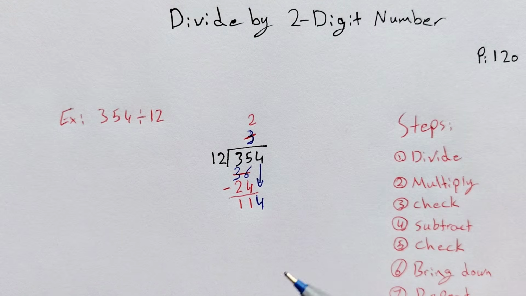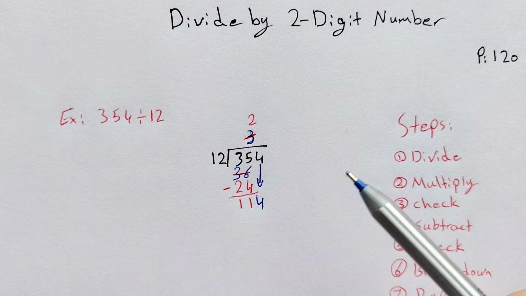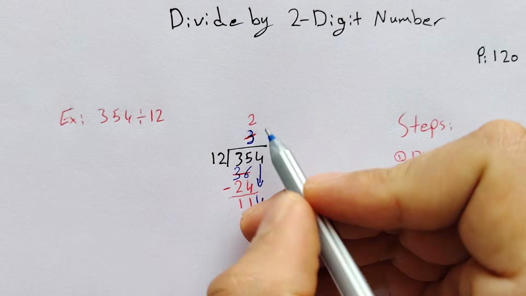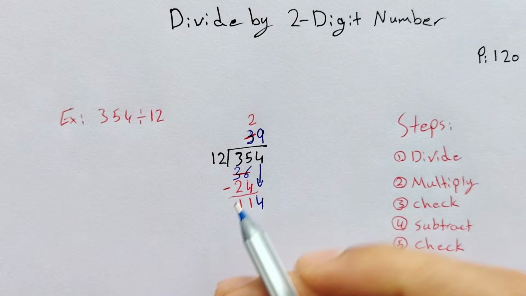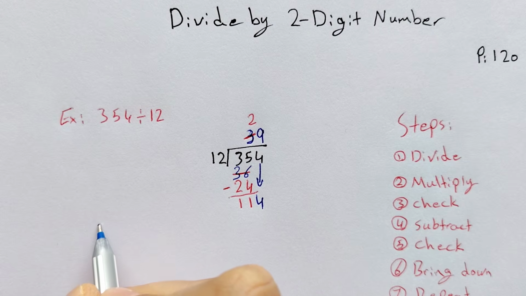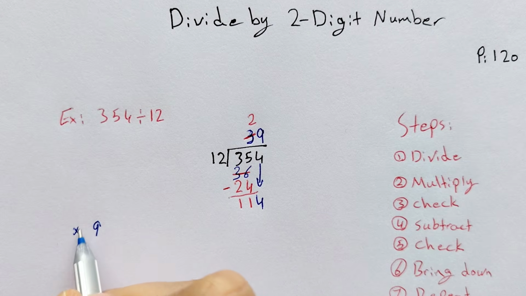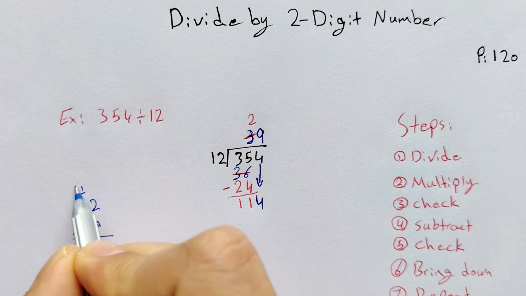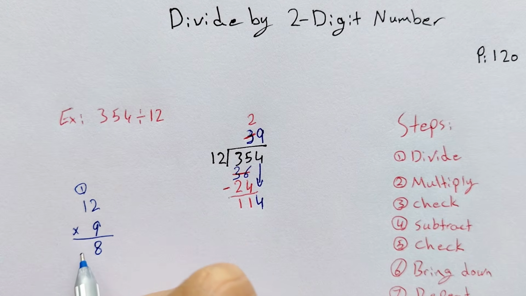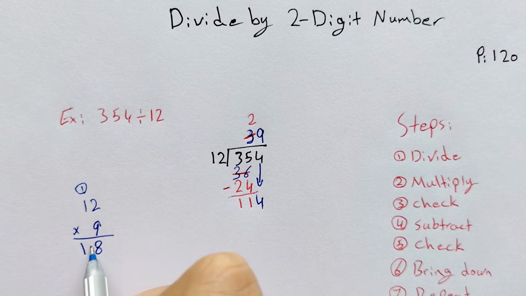So we will write the greatest one-digit number that we can write, which is 9. Now, 9 times 12. I'm going to do it here. 9 times 2 is 18. Carry 1. 9 times 1 is 9, plus 1 is 10.